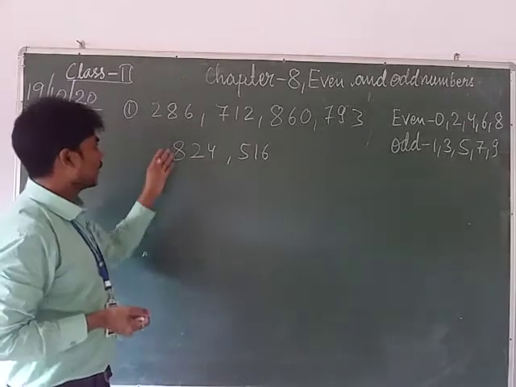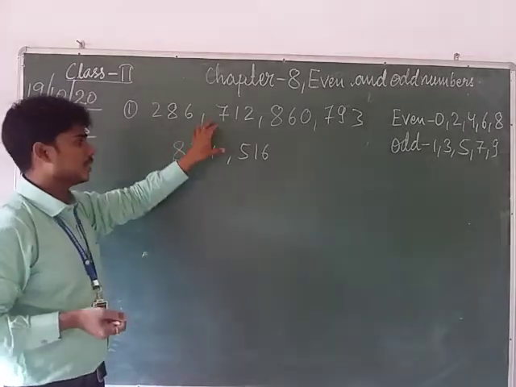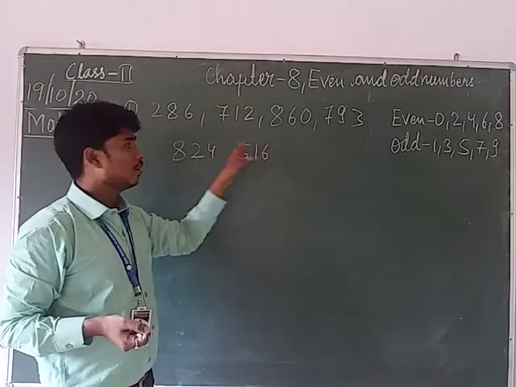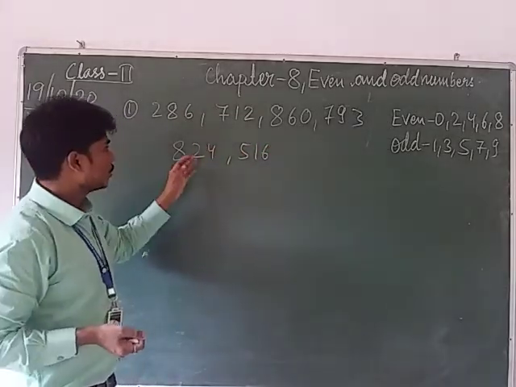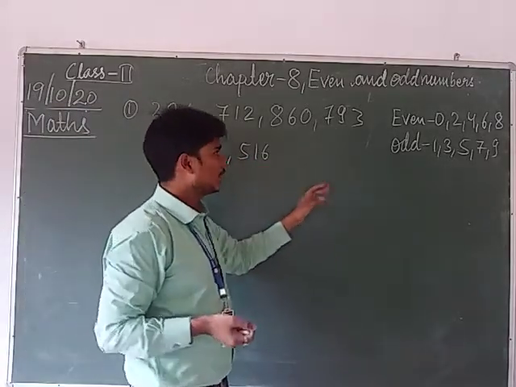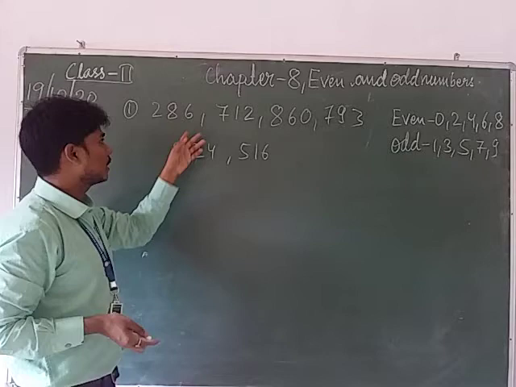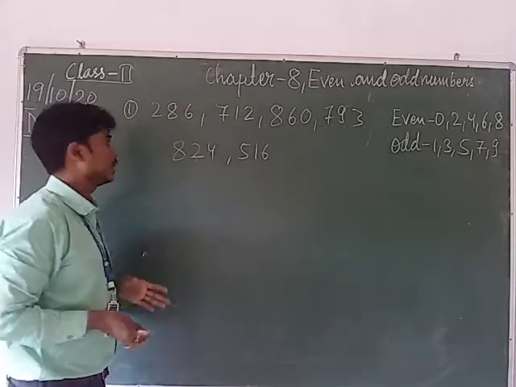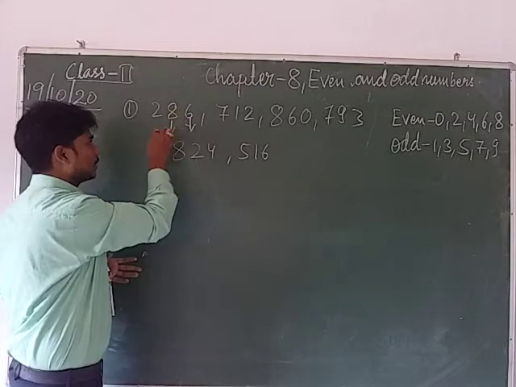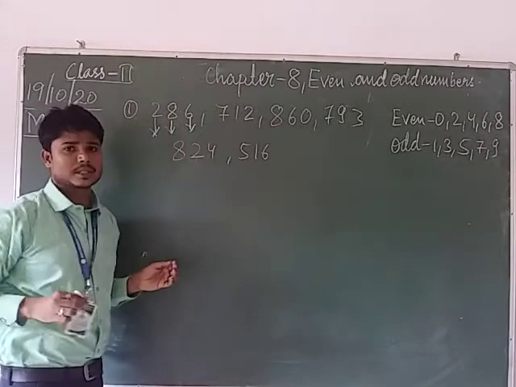Okay children, now I have written some numbers and you have to check whether these numbers are even or odd. So to check whether the given number is even or odd, what do we have to do? We have to check the number at the unit place. This is called unit place. This is called tens place. This is called hundred place.